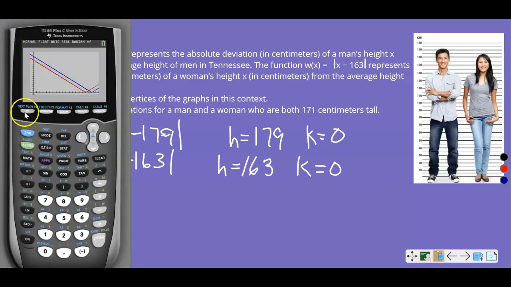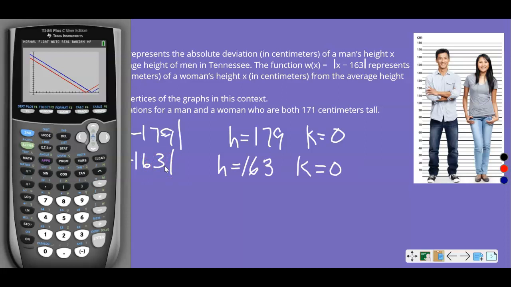Okay, and if you have forgotten, you can go back and look. Blue is the men, and the red graph represents the heights of women. All right, so what does that really tell us? So that tells us that there are 16 units between here and here. So if you look at 163, the difference between 179 centimeters and 163 is 16.